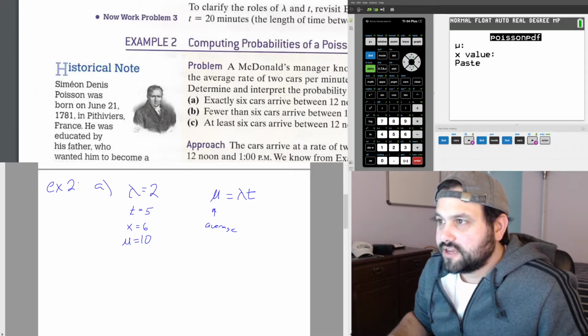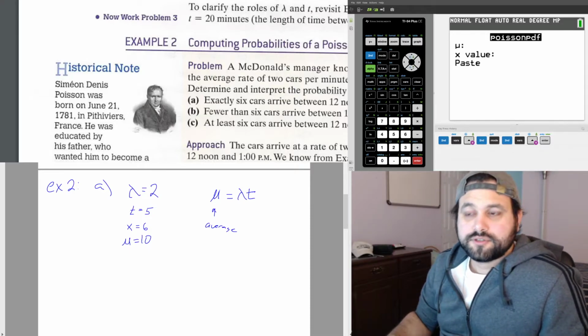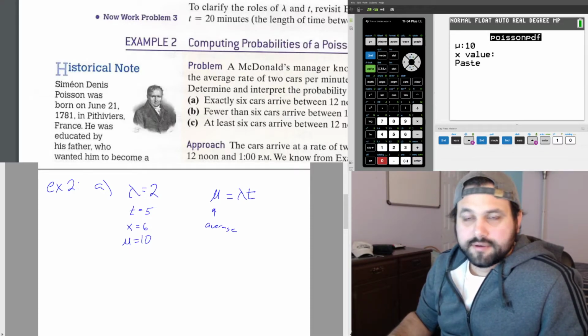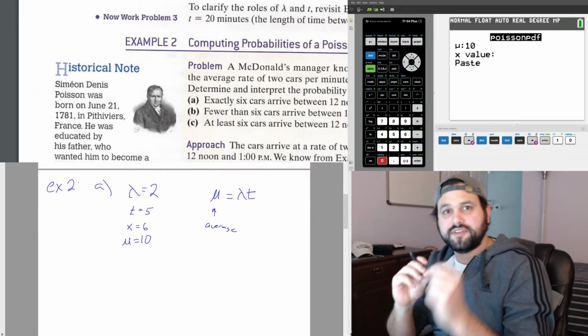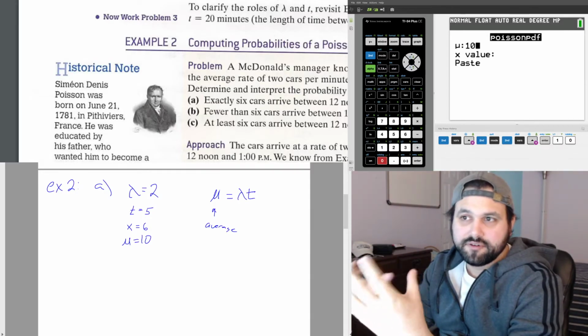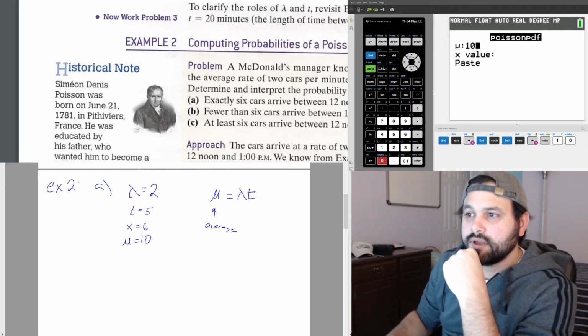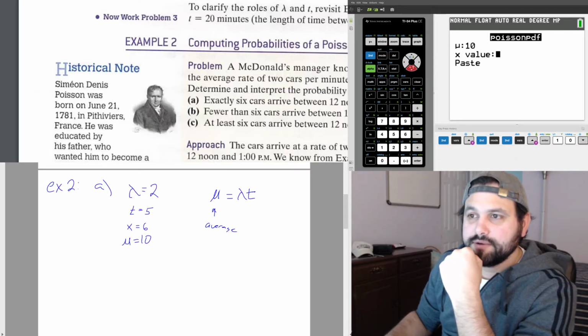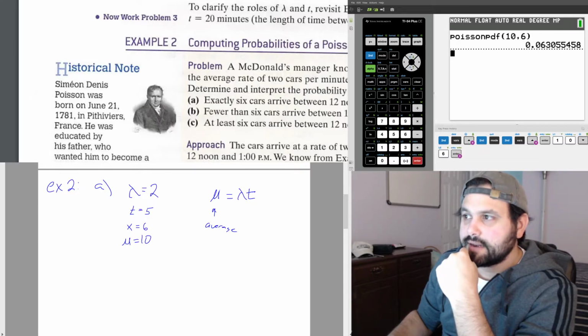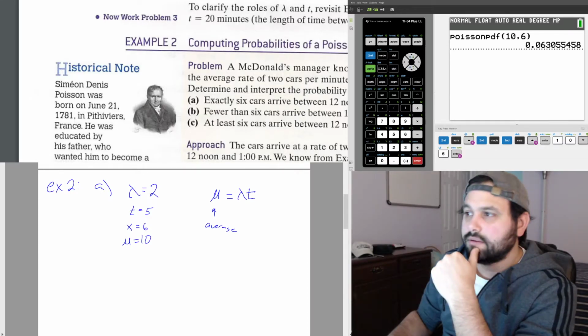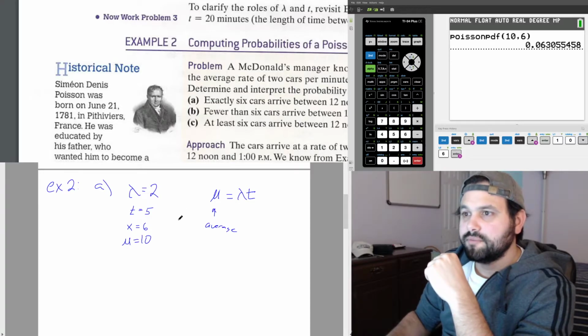And so we're going to enter there. Here's our mu. So our mu is 10. So our mu comes from those two different things, the rate and the time interval multiplied together. And then the x value is going to be 6. And we're just going to hit that, and we get a probability of about 6.3%.